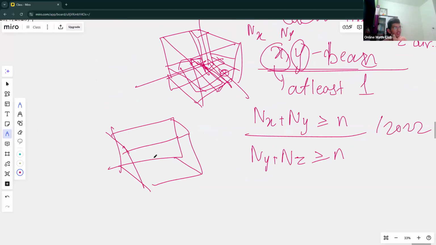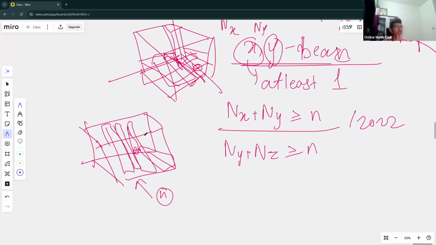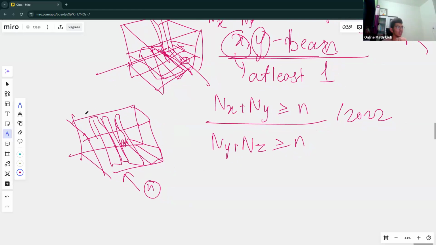Here we consider the Z direction. If you have something like this in X, we have to have something covering this floor, then something covering this floor, something covering this floor. So we at least need n such layers, which are either Y or Z way, because we cannot have X here.